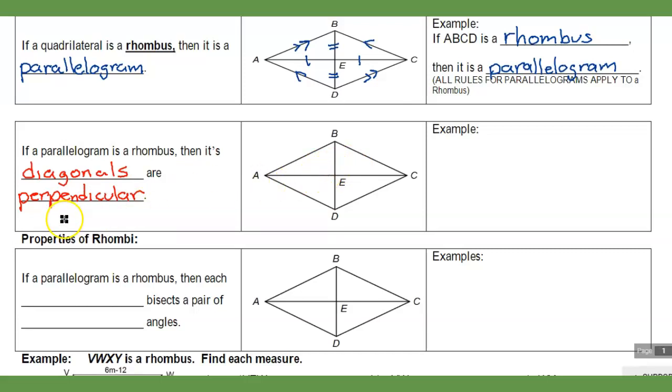So in other words, they make a right angle. Okay, so right there, we have right angles. The symbol for perpendicular, you might recall, is an upside down uppercase T. There we go.